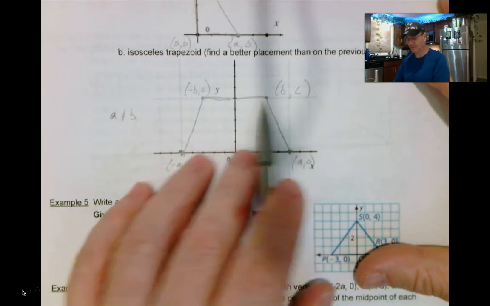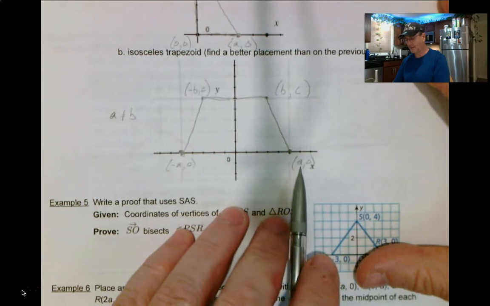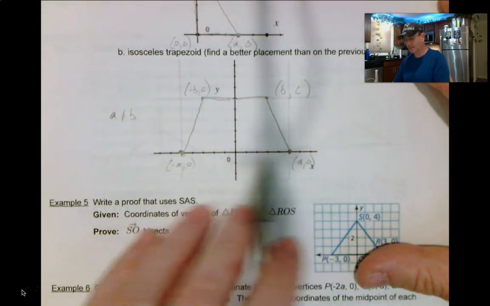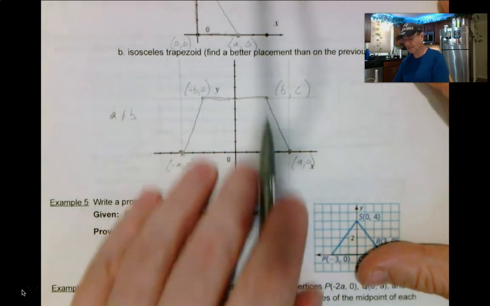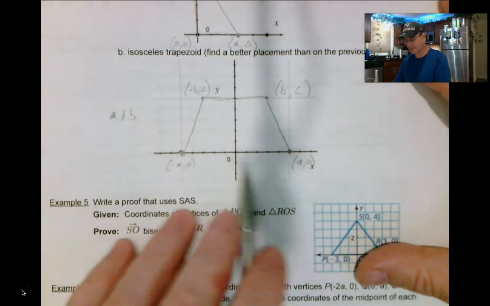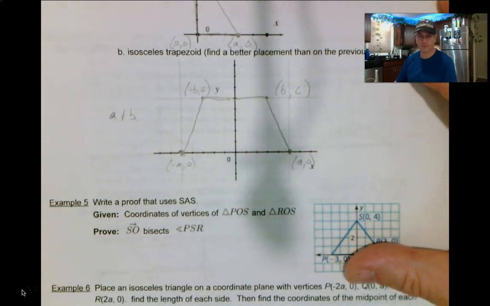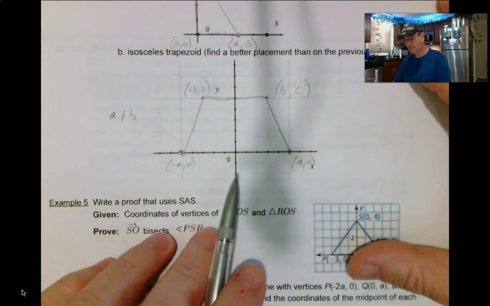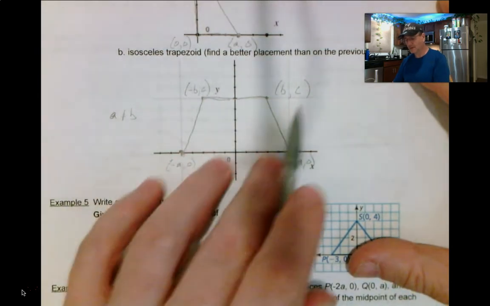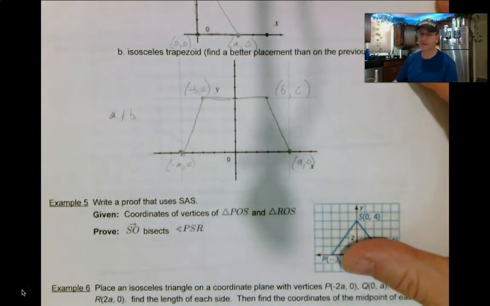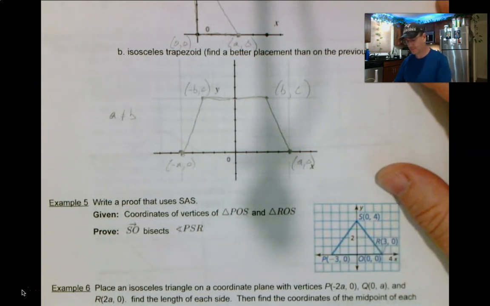I could have 3, 3 could be a coordinate. I could have the distance from here to here be the same as the height from here to here. In fact, it is in this. This is 5, this is 5, if I count those as 1 units. So A could be equal C, B can equal C, but A really can't equal B, otherwise we're not going to have a trapezoid. Okay.